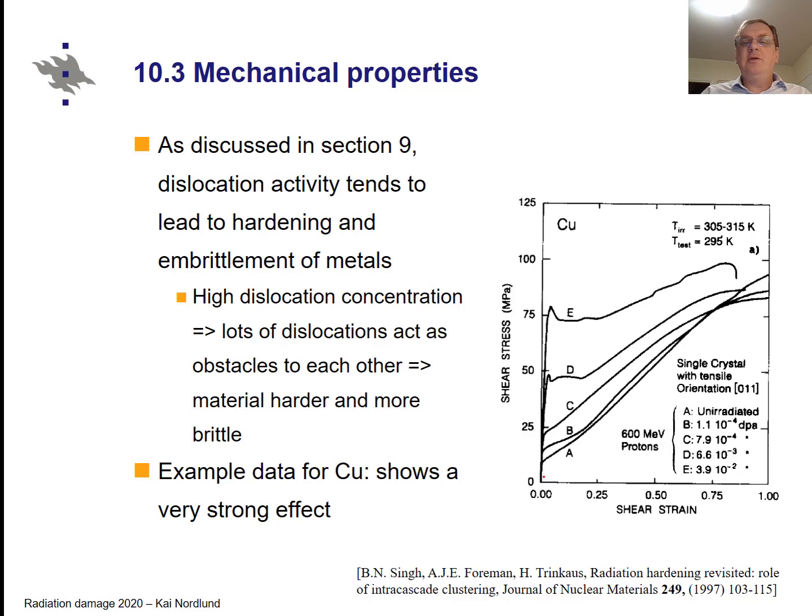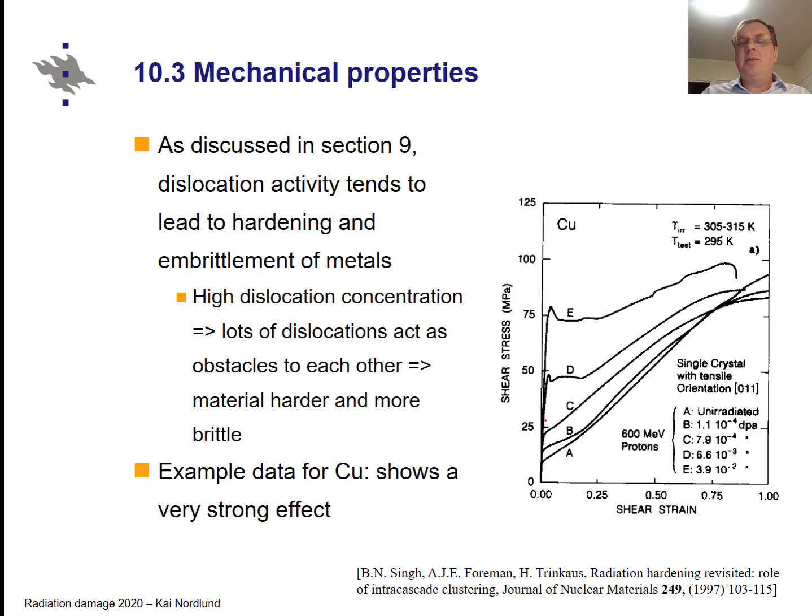So roughly speaking, to recap, what happens is that when you irradiate a metal, here A is copper before irradiation, and B, C, D, E is after irradiation with 600 megaelectronvolt protons. You see that the stress-strain response changes dramatically.